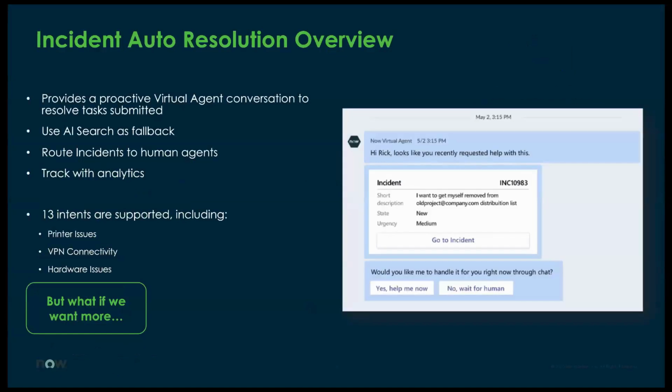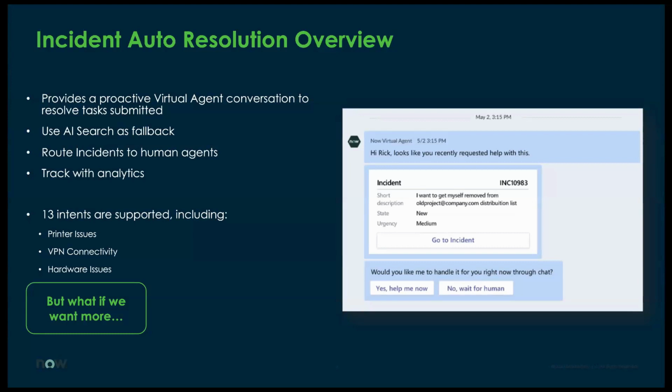So what is issue auto resolution? Issue auto resolution is a feature for IT and for HR that provides a proactive virtual agent conversation to resolve tasks that have been submitted. If you imagine the flow, if I submit an incident and there's a virtual agent topic that supports that incident, then virtual agent will tap on my shoulder, send me a proactive notification saying, hey, I noticed you logged an incident.